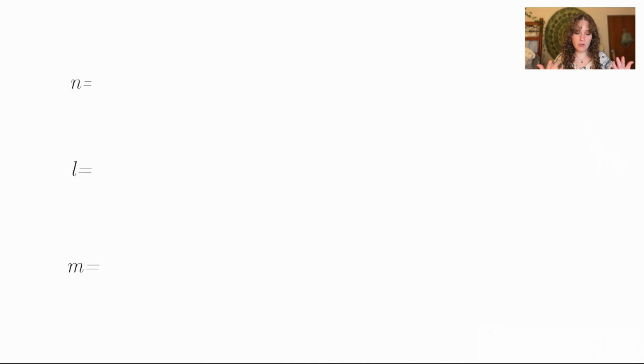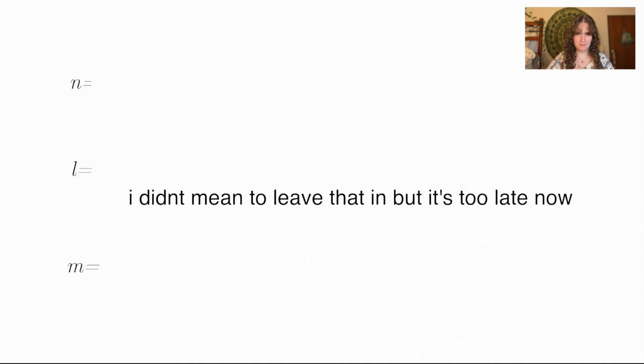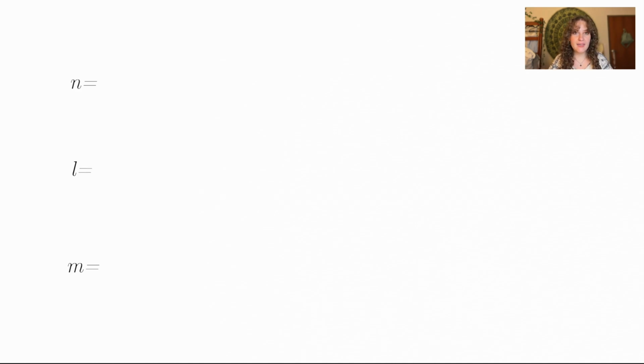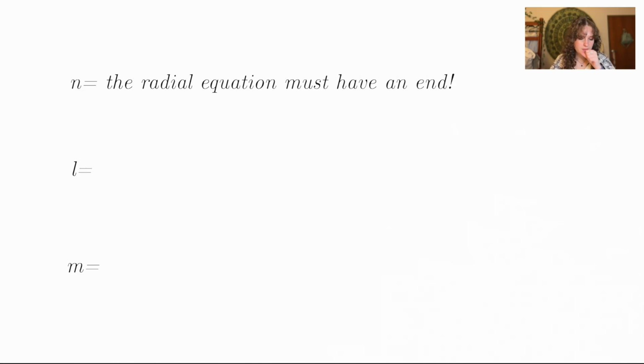We got 3 quantum numbers, each from a different part of the solution. N came from the radial termination condition. It labels the energy. L came from the angular separation constant. It labels the shape.